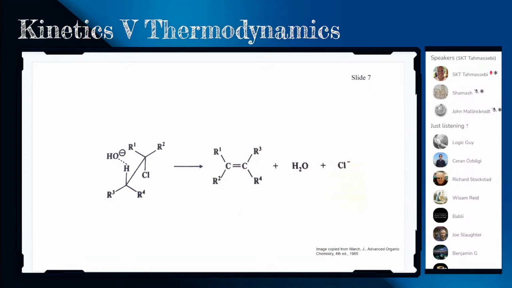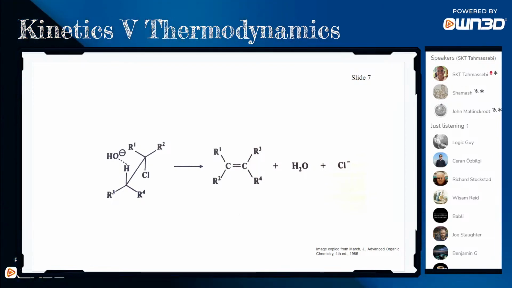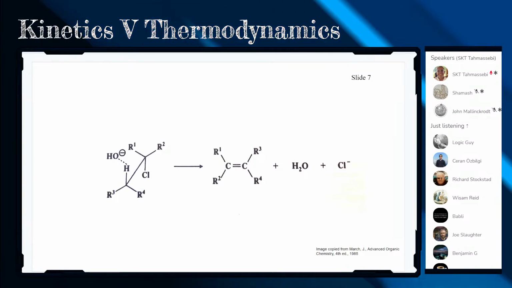Questions on this one example? Well, I'm wondering a little bit about what the transition state is here. I could imagine, for instance, the transition state to be something like when the water is gone, but the chlorine hasn't yet left or something. I don't know exactly how that would work. So this is a complicated transition state.